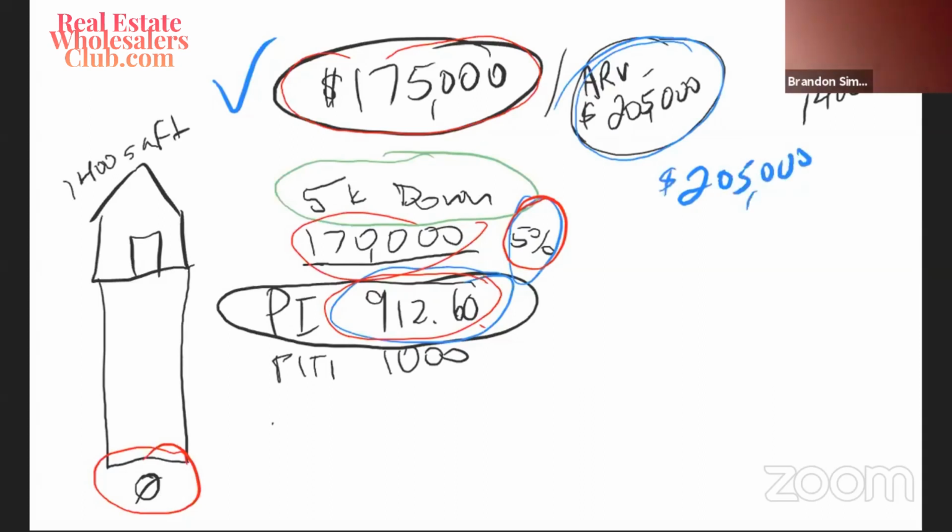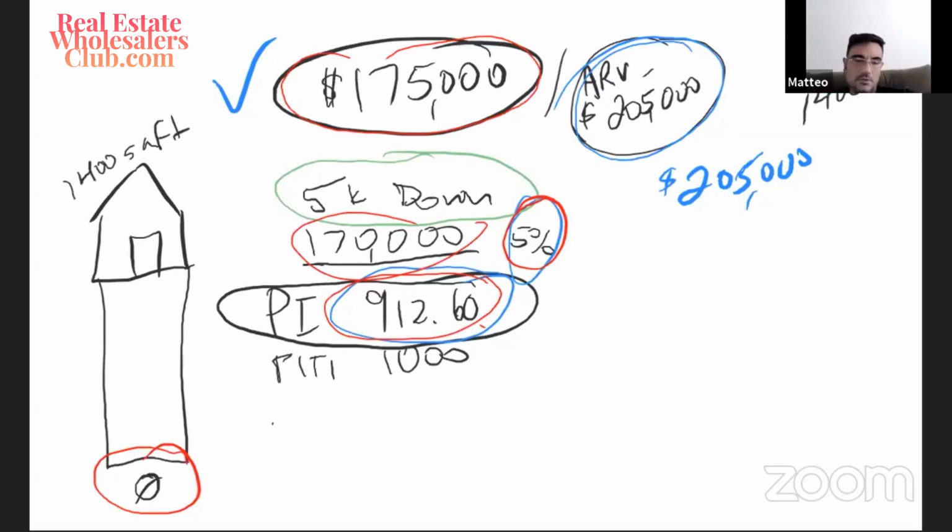Okay, could I ask for $10,000 down? Yep, you could. Typical down payment on a house, what do they usually give you? 20%. Okay, is that unreasonable? No. Okay, so what is 20% of 205? 40,000, 45 roughly.